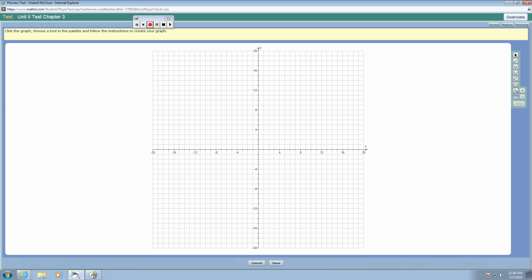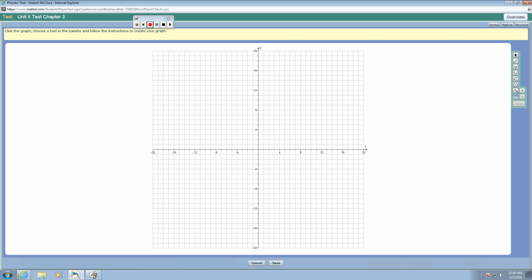Negative 0.9 is going to be right at the edge of 1. And 6.9 is going to be 4, 5, 6, 6.9 will be right near 7. That's what it should look like. And I'm not going to go through and do it, but that's what it should look like.